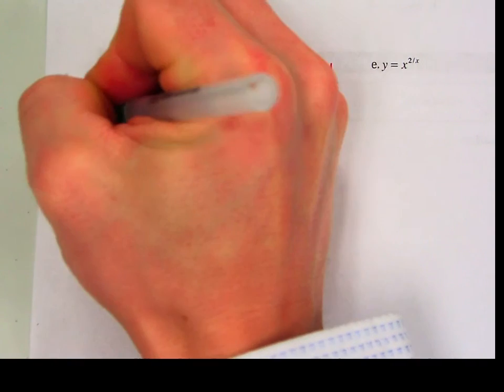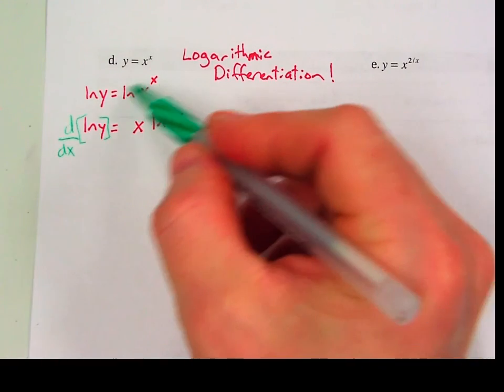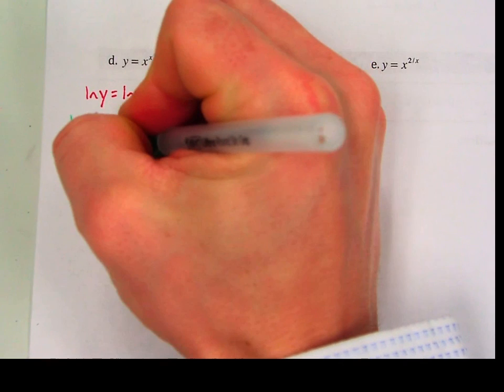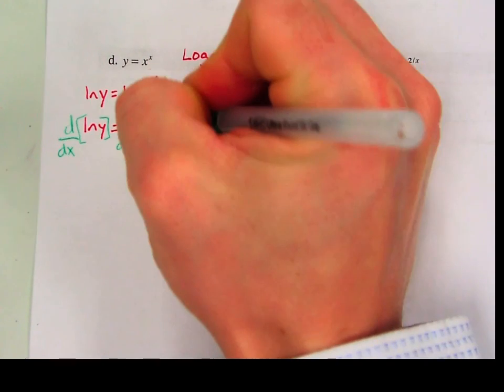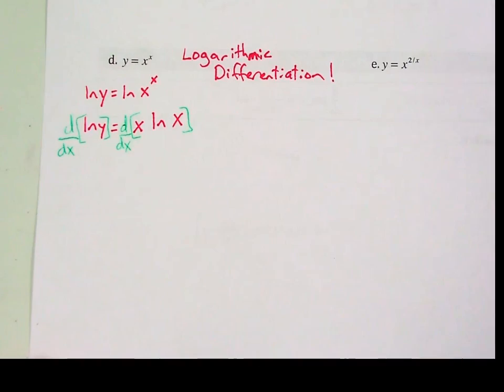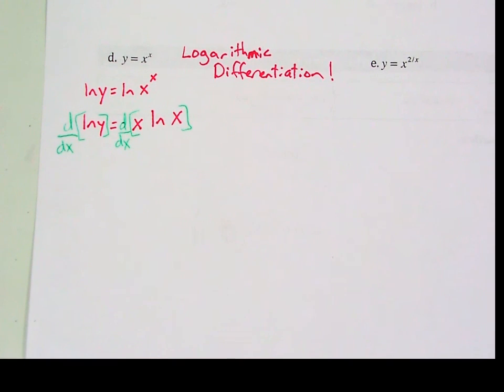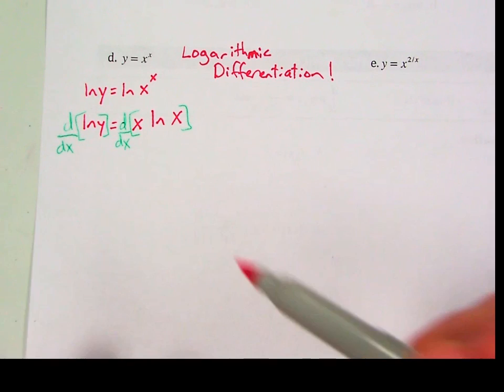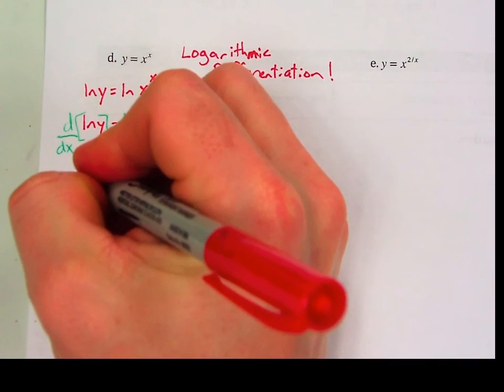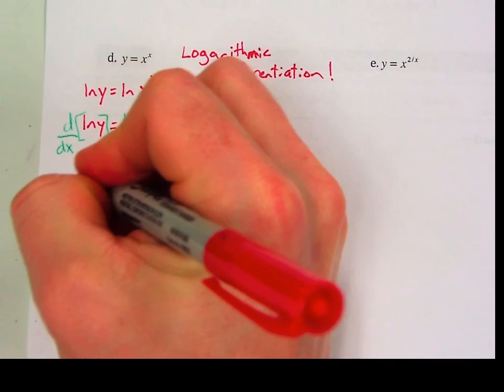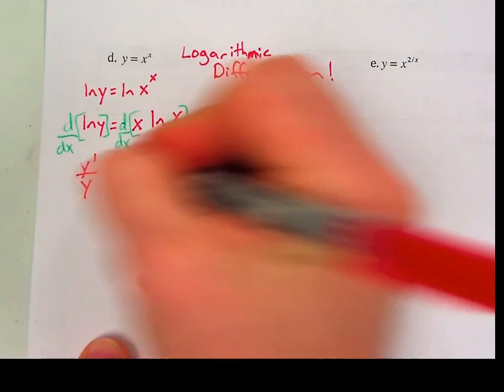So the derivative of natural log of y is just going to be y prime over y.